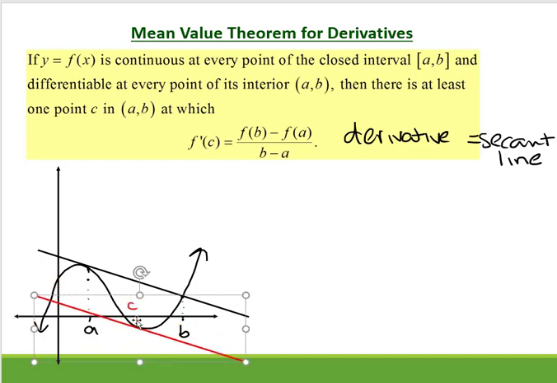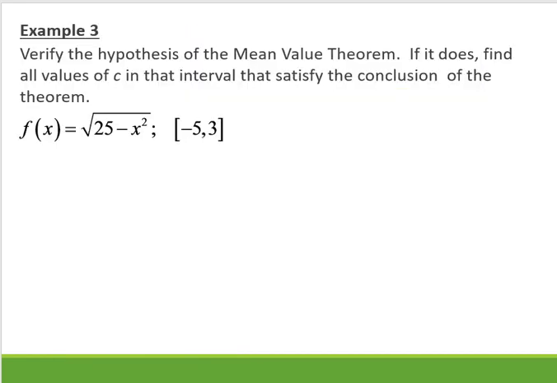All right. Next example. Verify the hypothesis of the mean value theorem. If it does, find the values of C on the interval that satisfy the condition. So I am continuous. So that's that hypothesis part. The hypothesis of the mean value theorem.